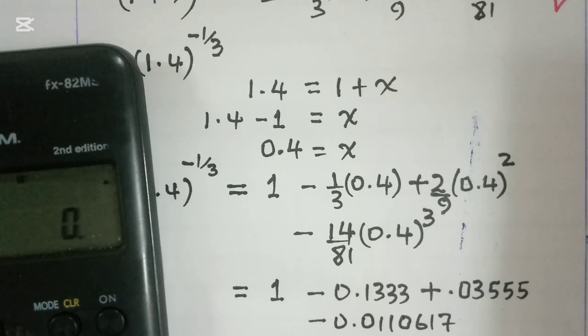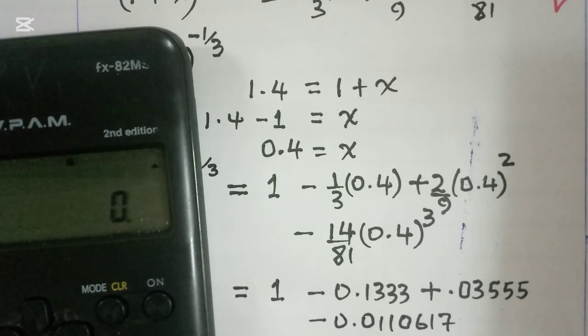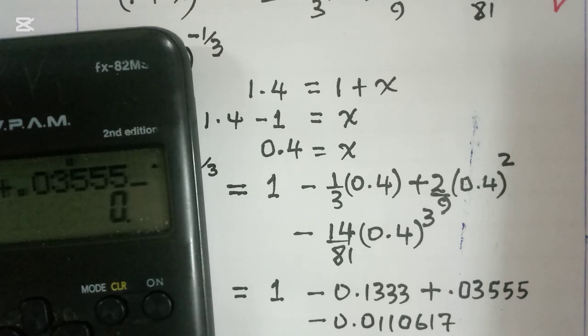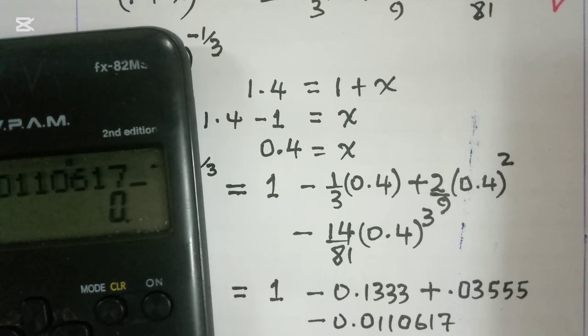That is 1 minus 0.1333 plus 0.03555 minus 0.110617.